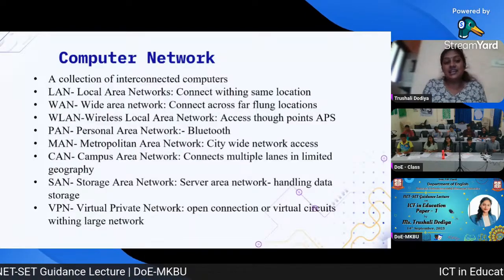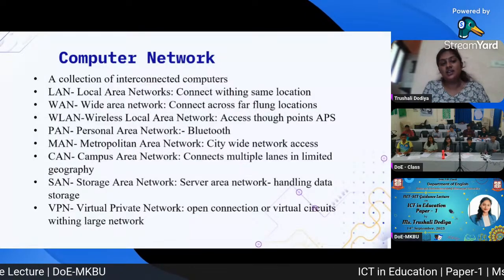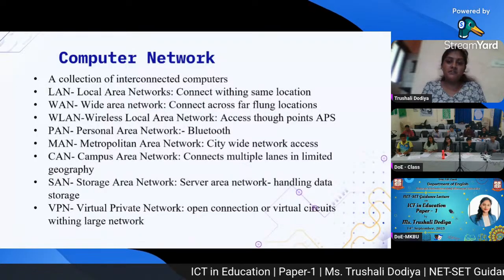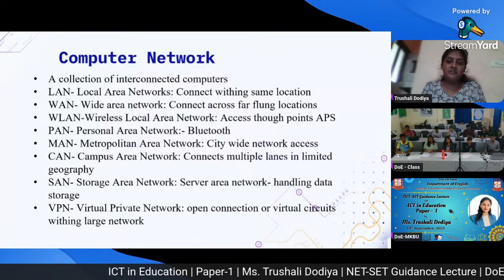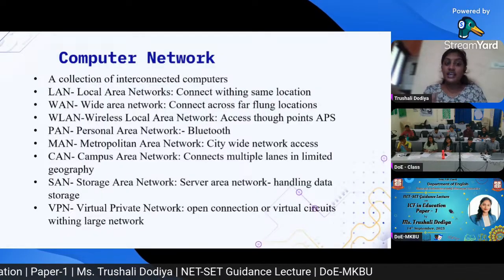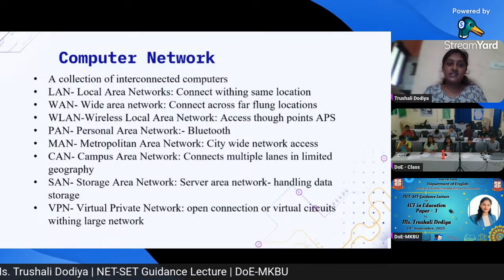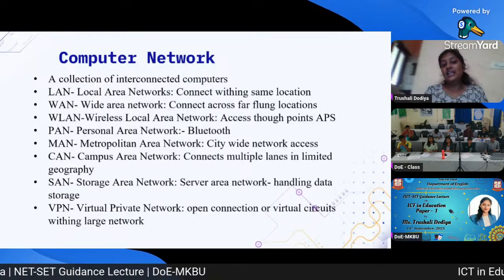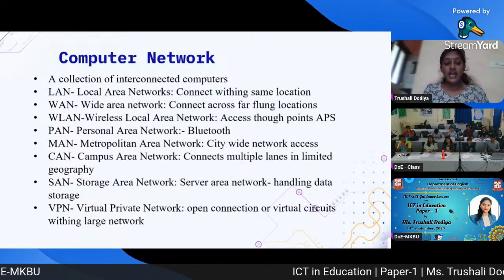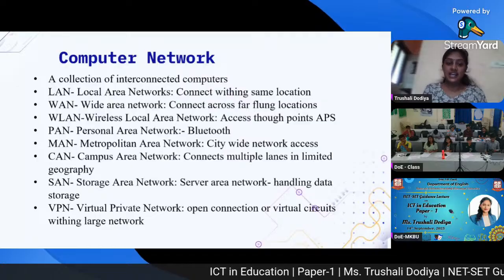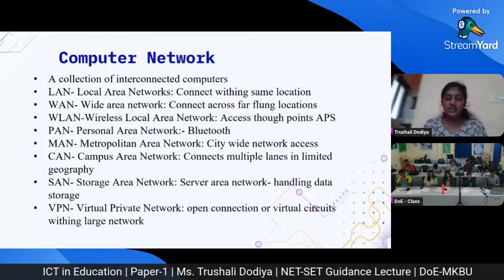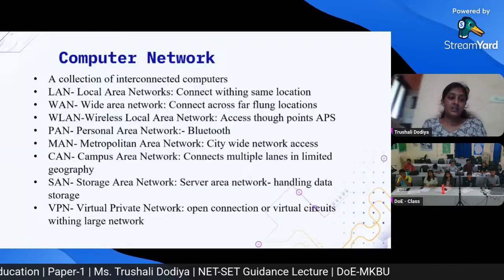First one is LAN, as you all might have been using the LAN port at the department, which connects a small group within the same location through a cable, a LAN cable, and stands for Local Area Network. Then there is WAN, which stands for Wide Area Network, which connects far-flung locations remotely.